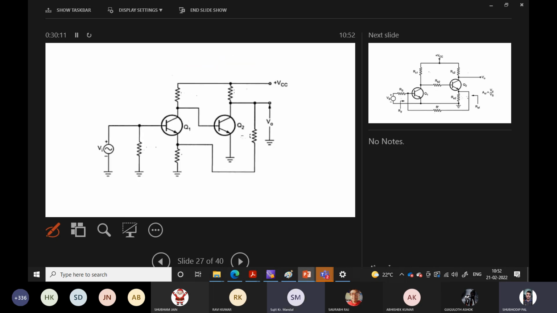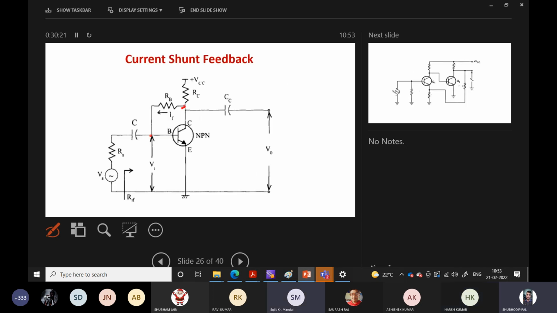Sir, can you once again explain why current is used there? Here, what I told you: when a current takes two paths, then we are taking the current sample. Now look at this. This is a common node, and two branches are there.